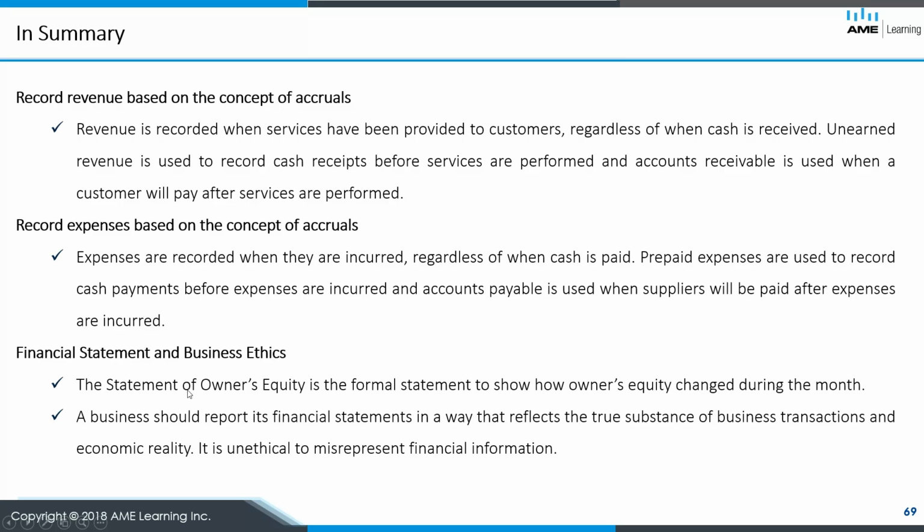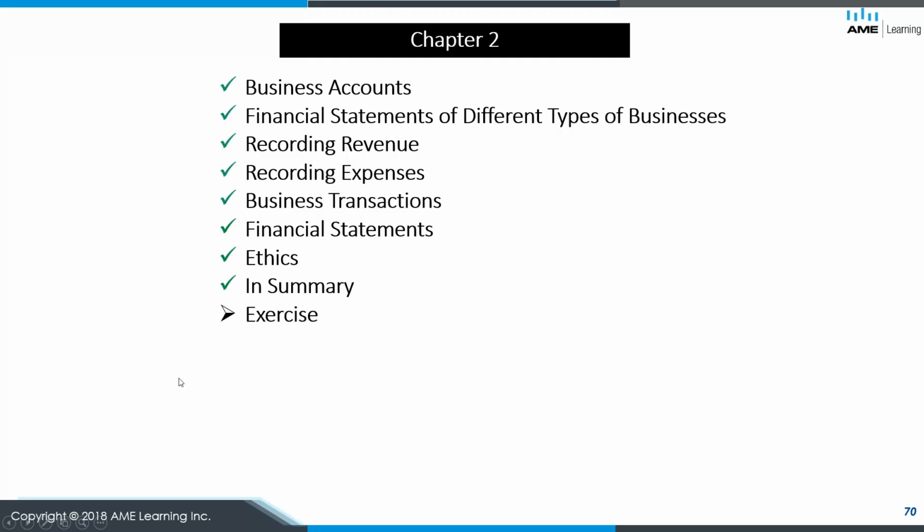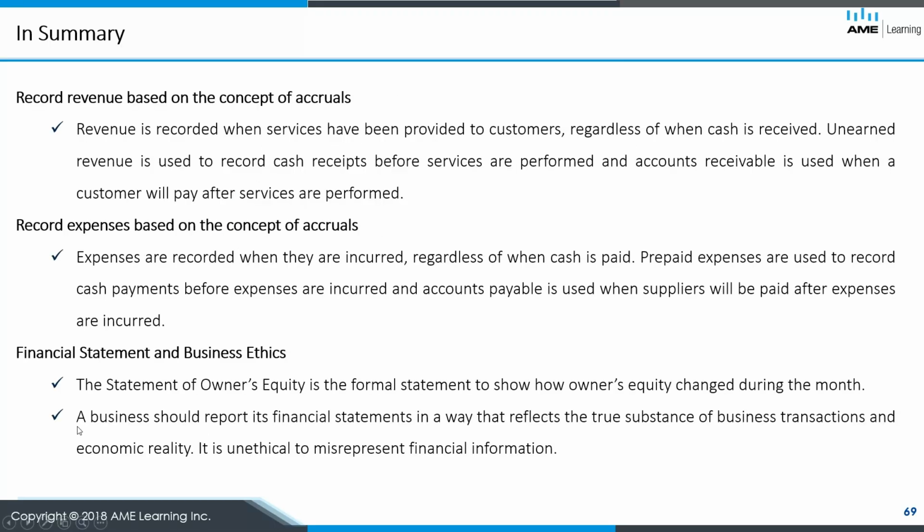And then we talked about the financial statements. We have the statement of owner's equity, and that's a new financial statement that we didn't look at in personal accounting. And then we talked about business ethics and the notion that businesses should report the financial statements in a way that reflects the true substance of the transactions and not misrepresent financial information just because it's favorable to someone or there's pressure to do that, etc. Acting ethically from a business perspective is extremely important because accountants are often in a position to potentially misrepresent financial information.